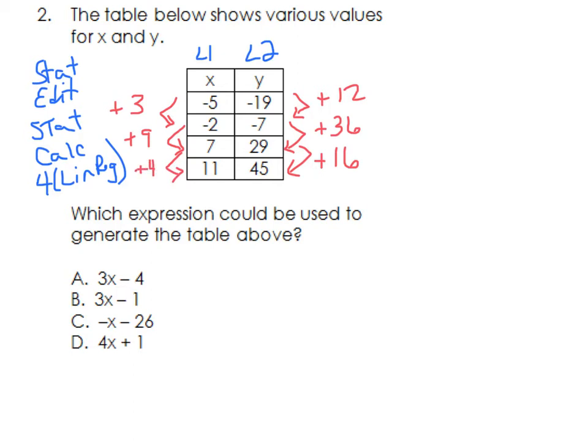So let's look at this. Our change in y over our change in x. Our change in y on this first one is 12, and the change in x is 3. On our second one, we got 36 for our change in y over 9, and our third time we have 16 over 4.